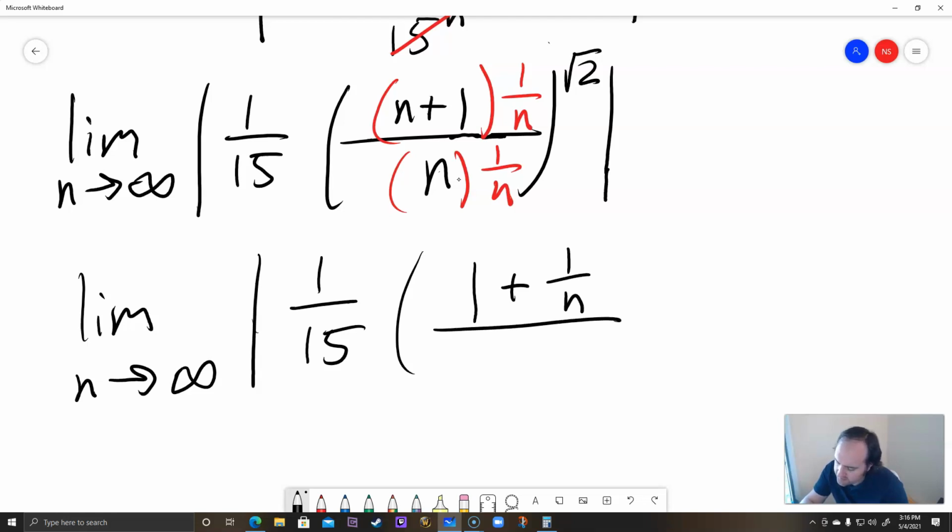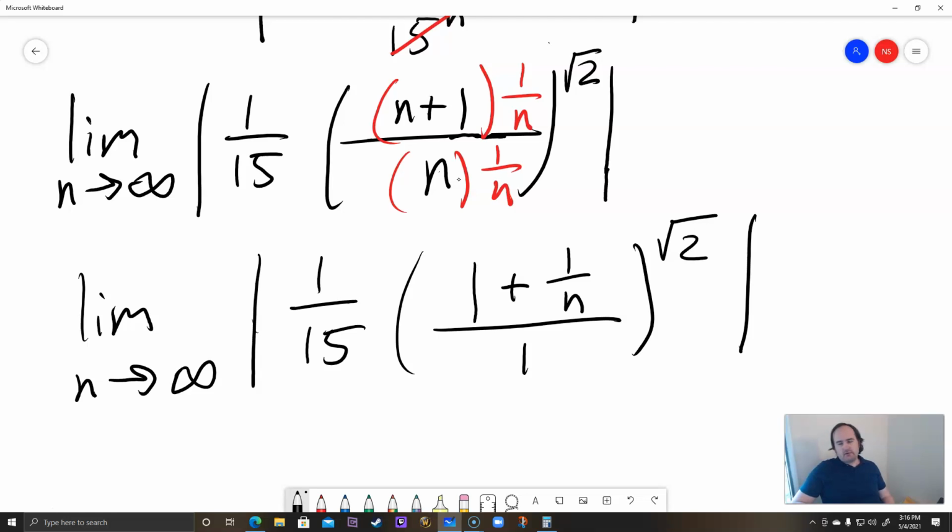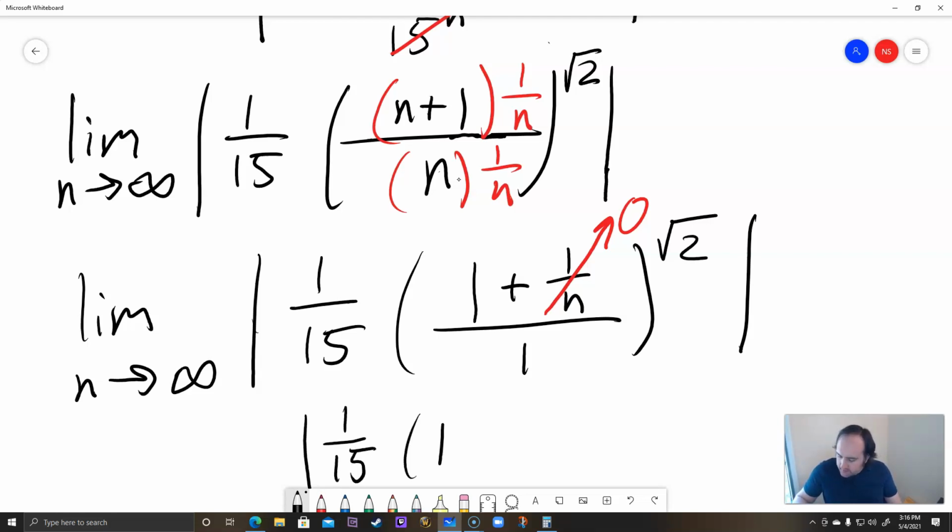And on the bottom, the n's cancel and we just get 1. And then this is raised to the root 2 power. But the root 2 power isn't even going to matter, because when we plug in infinity, the 1 over n goes to 0. So we really just end up with absolute value of 1/15 times 1 to the root 2.